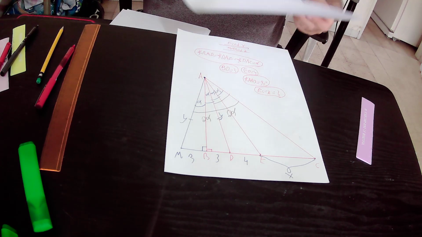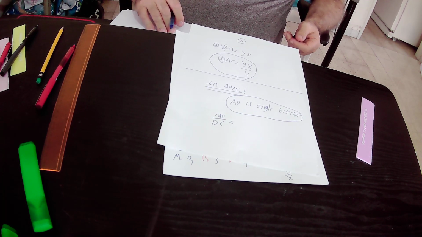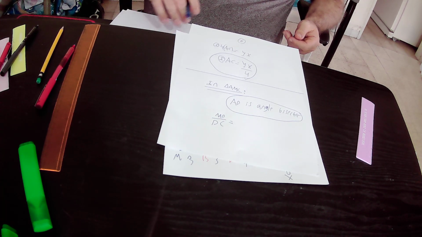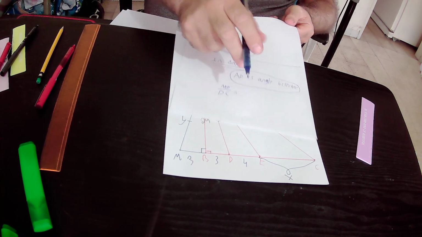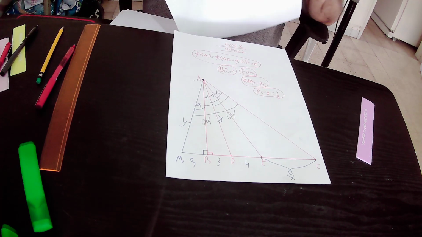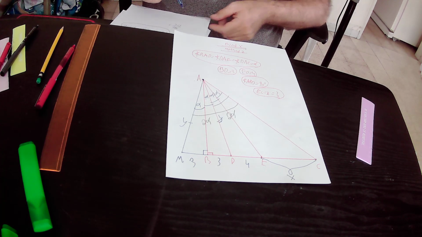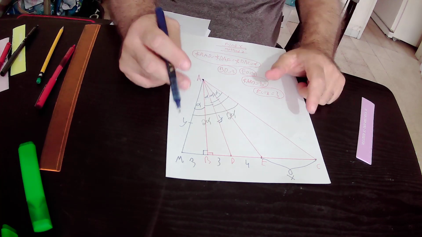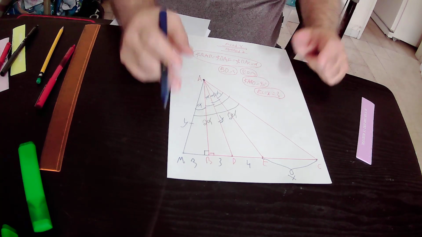And according to the angle bisector theorem, this ratio equals the ratio between the angle legs, that is to say AM over AC.